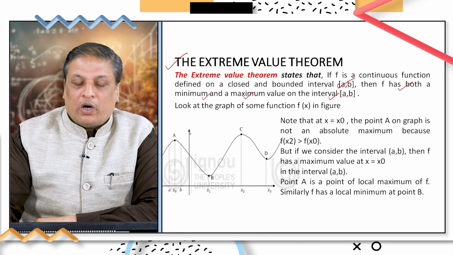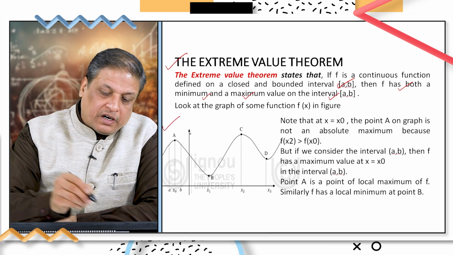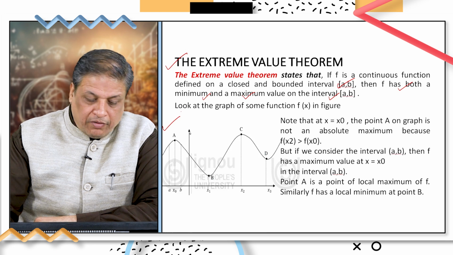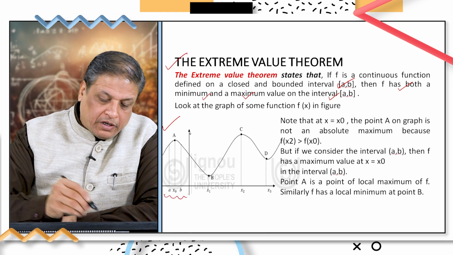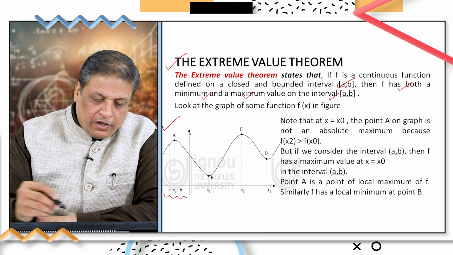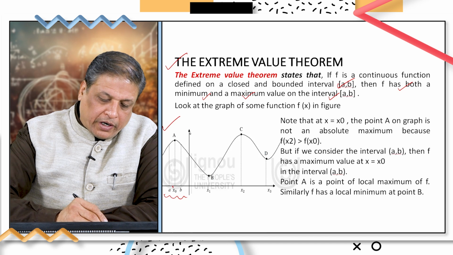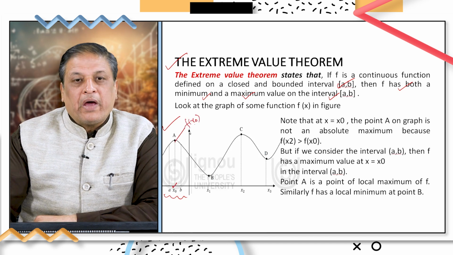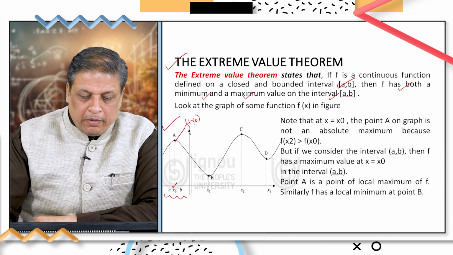Now, in order to understand this definition, let's refer to this graph. In this graph, say we are given an interval AB. In the given interval AB, the value of function at point x naught, that is f(x naught), is maximum in this interval AB.